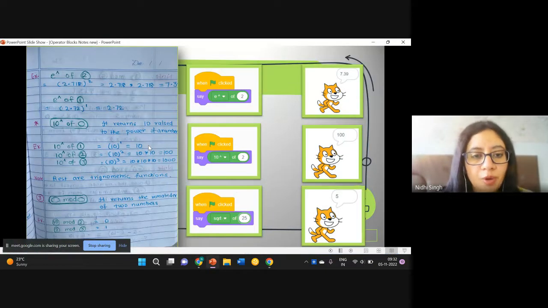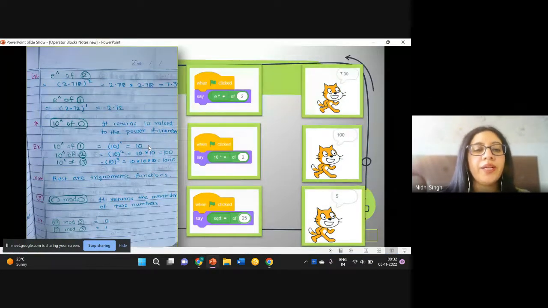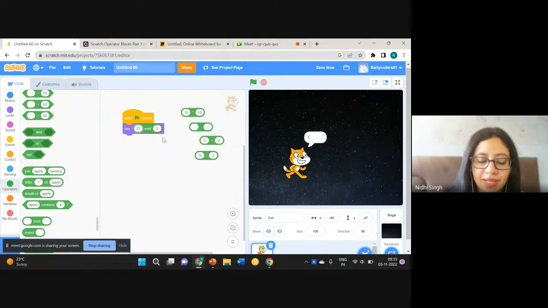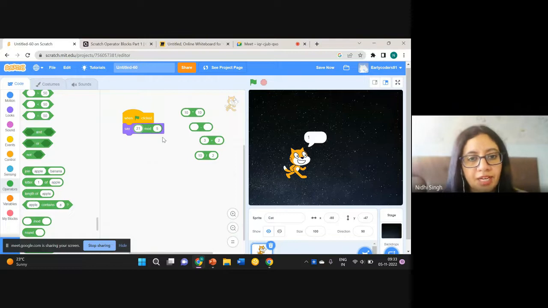So what will the modulus operator do? It will give you the remainder of two numbers after division. Simple division will be done with these two numbers, and whatever is the remainder, either 0 or some other value, it will display only the remainder, not the quotient, not the dividend.